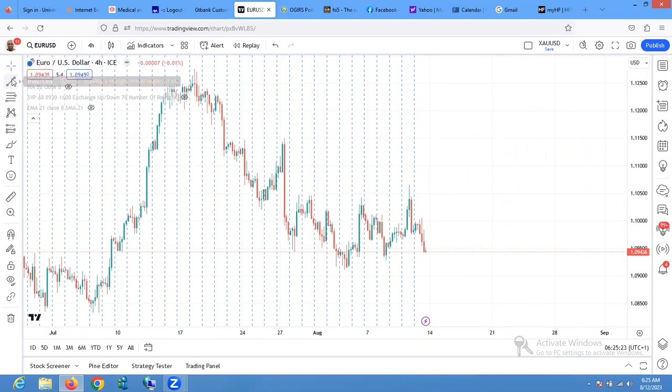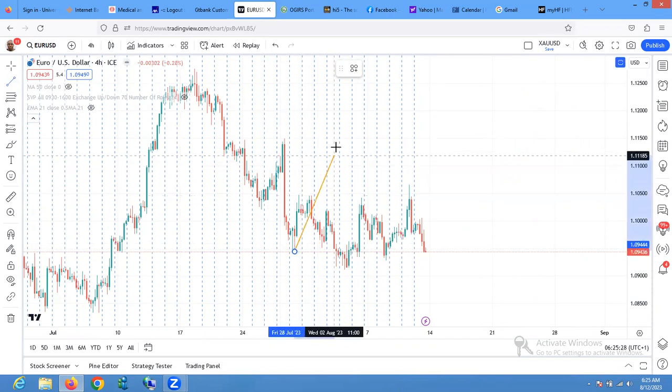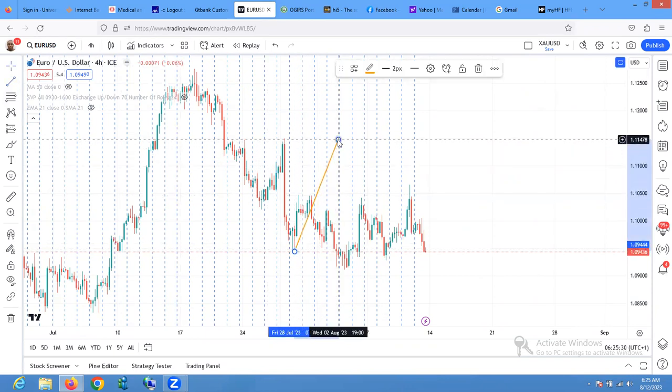On this time frame, you see a move here. You see a break to the downside. So this is the first move, and this trend line ends the first move. So this is 1, 2, 3 of a move. This is Euro USD.